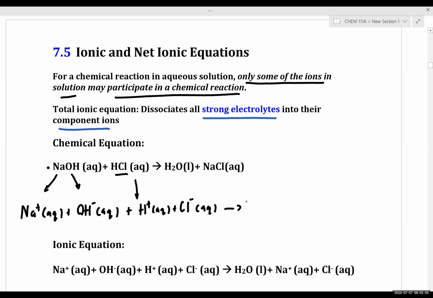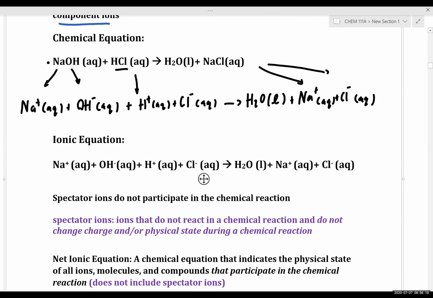Water is not an electrolyte, so we just keep it as is. And sodium chloride, being a strong electrolyte, we break down into Na+ and Cl-. There we go. So this gives us what's known as the ionic equation.